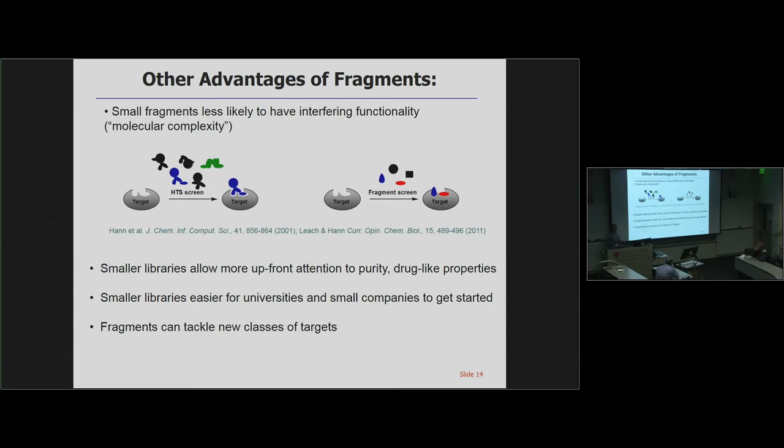High throughput screening collections typically consist of molecules that were made for previous programs. And if you've got some new genomic target that there's really no precedent out there, there might not be anything that's ever been made that could bind to this. But because fragments are so small and so protean, if there is a druggable site on that protein, you'll be able to find it with fragments.